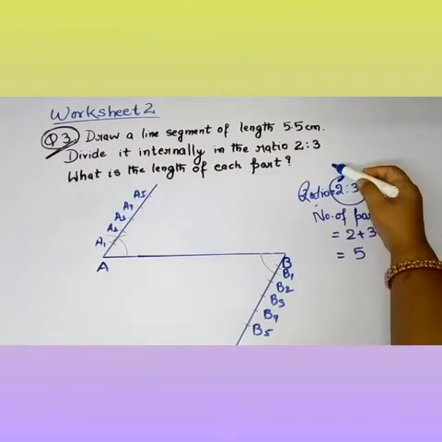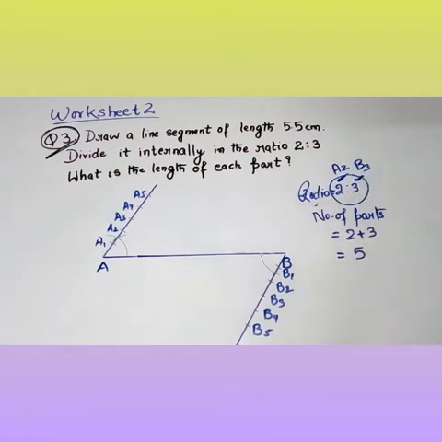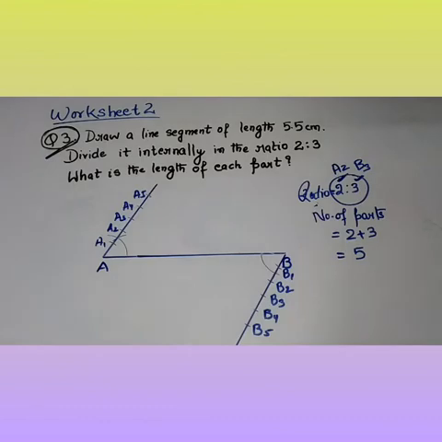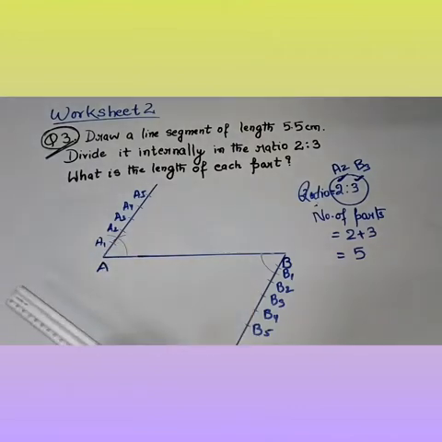Now what we will do, we will join this 2 and 3. That means we will join A2 and B3. The ratio is 2:3, so we will join A2 and B3. So this is A2 and this is B3. Let's join these two.